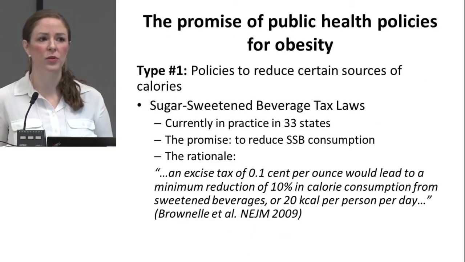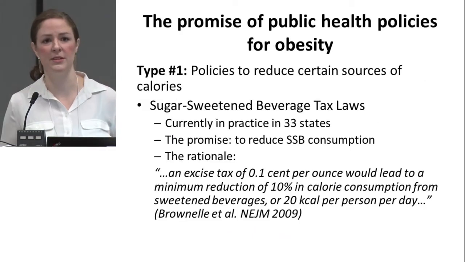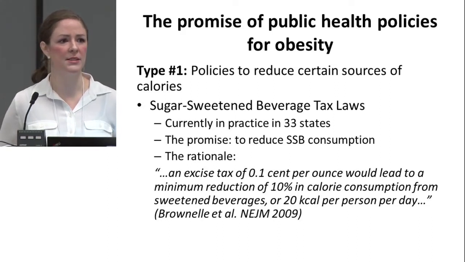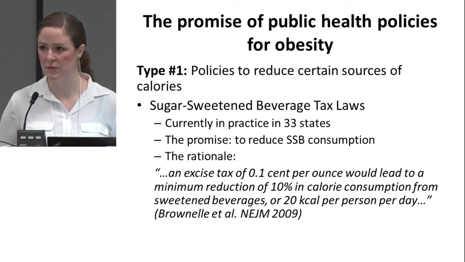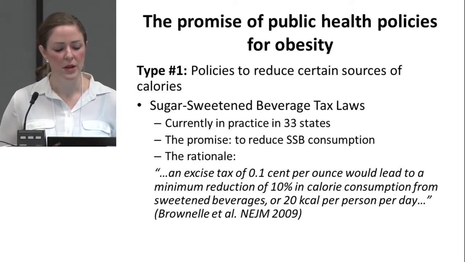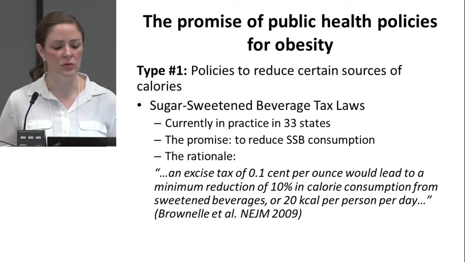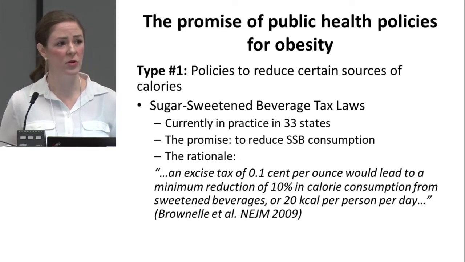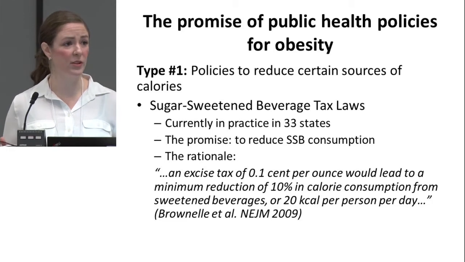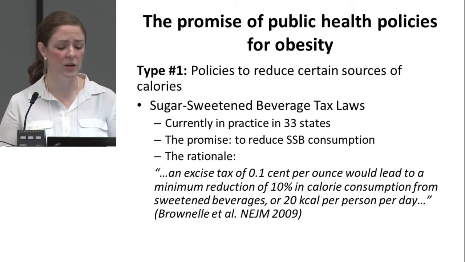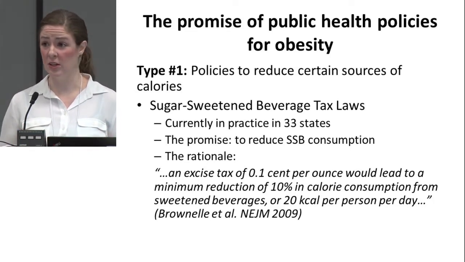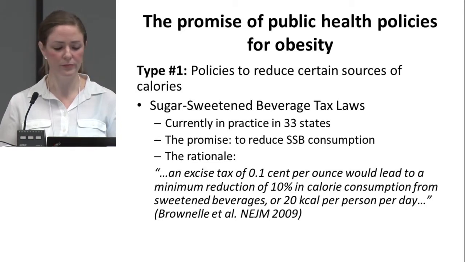So if you comb through the CDC's database of currently enacted policies, I group the policies that are out there into three different types. The first one usually is a policy to reduce a specific source of calories. I think the most common and the most famous, prevalent one in the media in that regard would be policies that tax sugar-sweetened beverages. And this is currently in practice in 33 states.